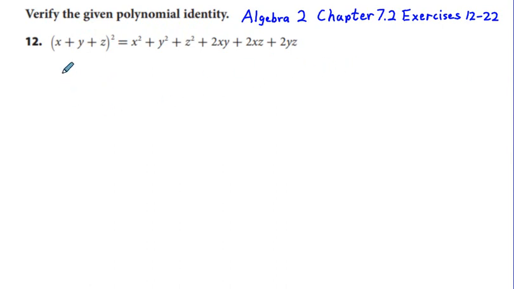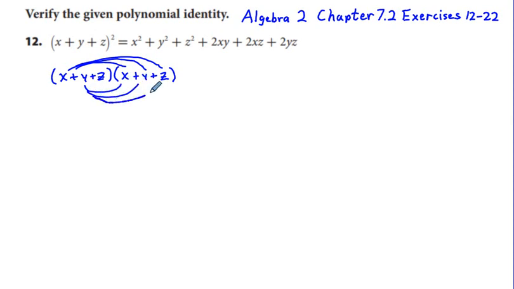Now you could, if you wanted to, take this quantity x plus y plus z, square it like this, and do the distribution like this: x to x, x to y, x to z, and then y to x, y to y, y to z, and finally take the z to x, z to y, z to z.